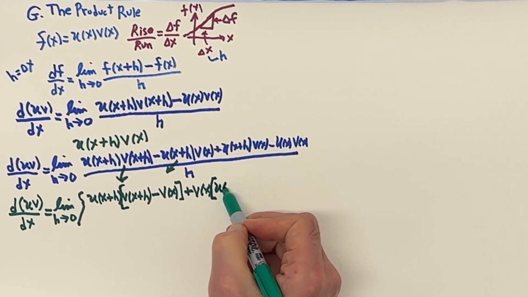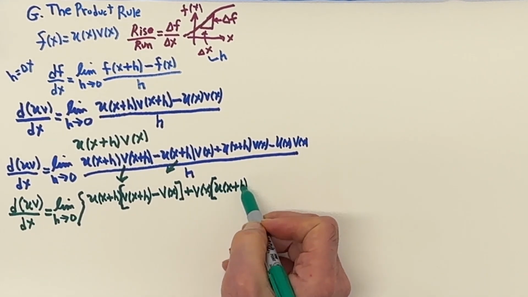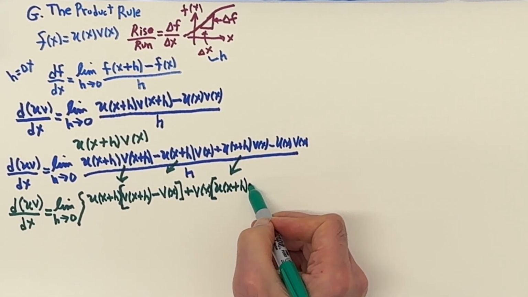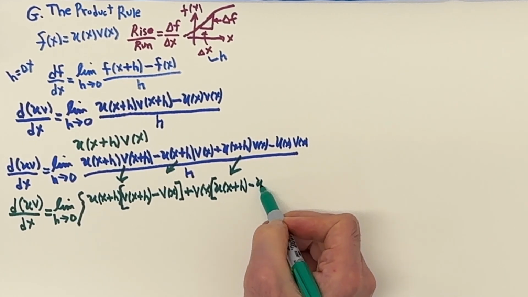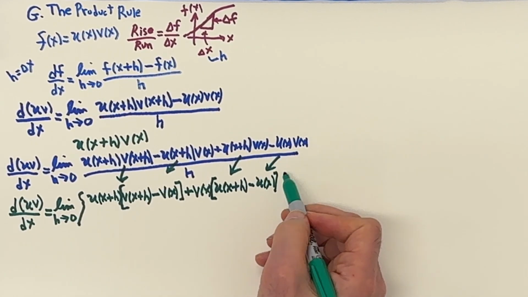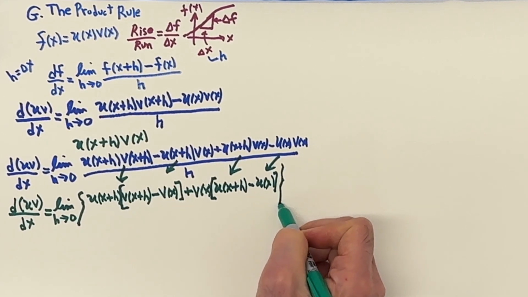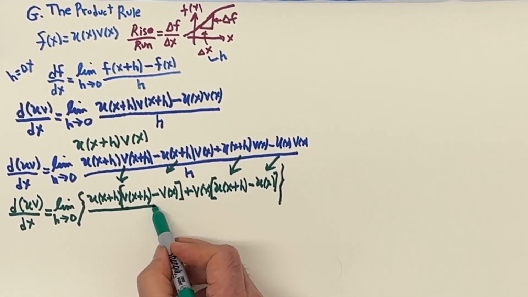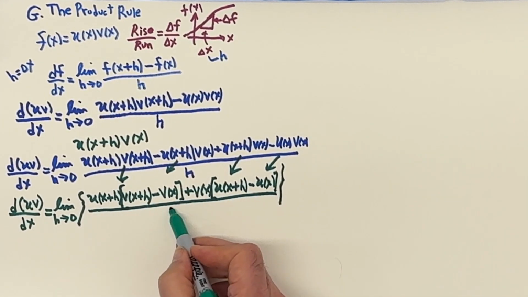So this would be u of x plus h minus u of x, which would get me the second one. Put my brackets out here and divide by h.